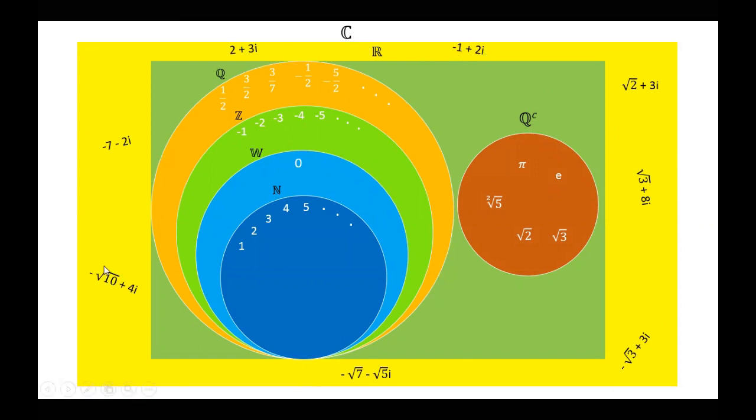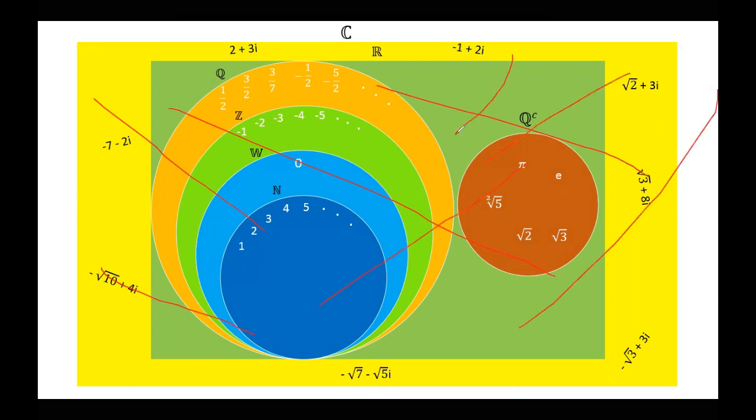These are the elements. The complex number set not only contains this whole element plus this element, but also the yellow portion, the whole portion. Not the white portion, there is no element there, but the yellow portion plus whatever is contained inside this set.